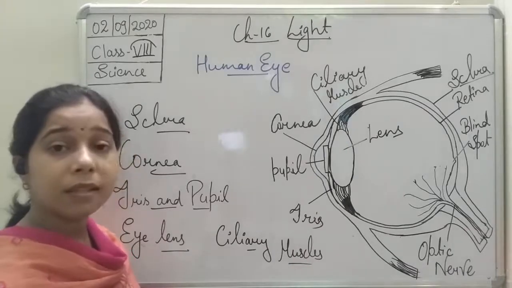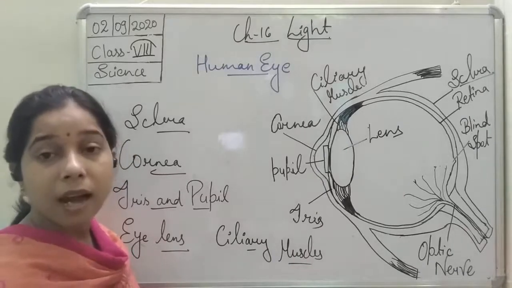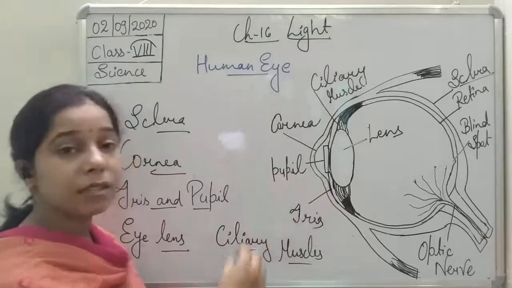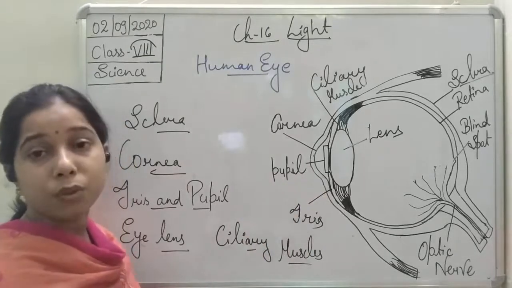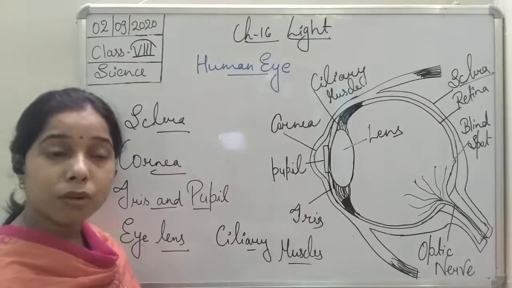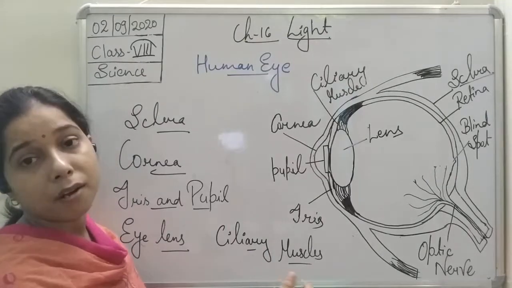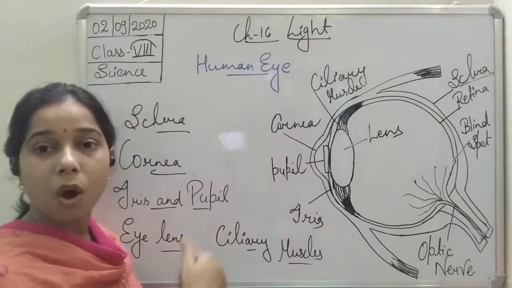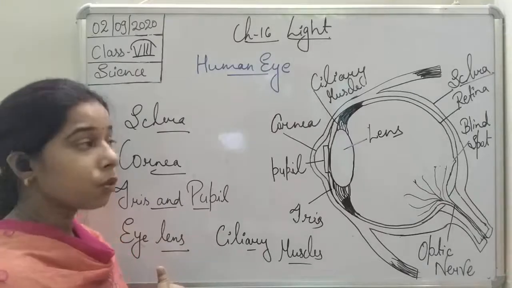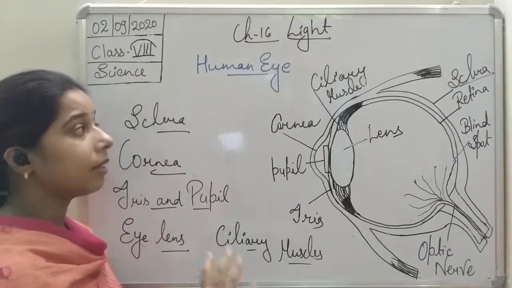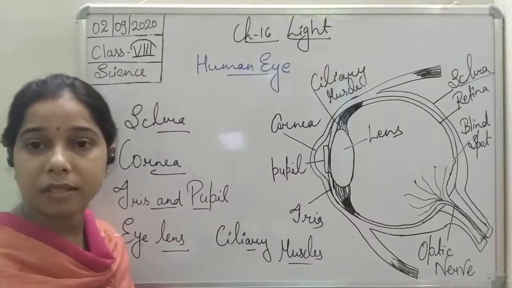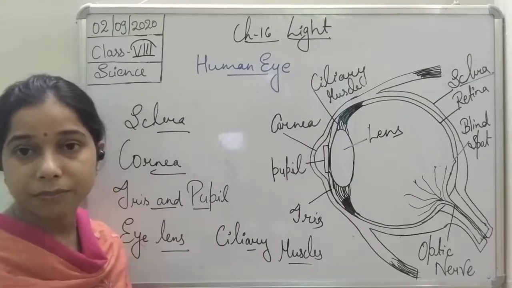Now, when the ciliary muscles relax, at that time the eye lens becomes thin, and due to which it will focus the light coming from a faraway object. So this lens is basically adjusted with the help of the ciliary muscles.